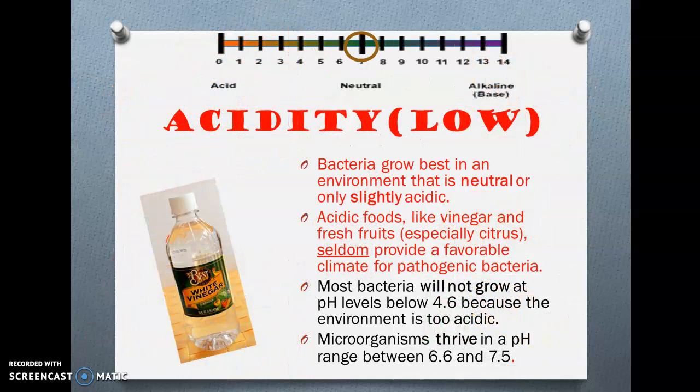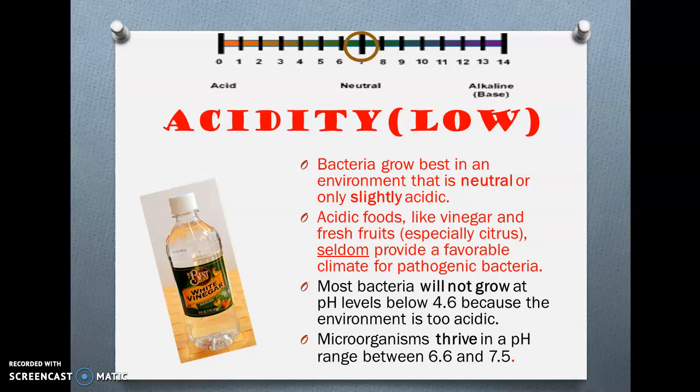Acidity, guys. The A in FATTOM stands for acidity. I put low in the parentheses because low acidity is where bacteria tends to grow its best. Bacteria grows best in an environment that is neutral or only slightly acidic, meaning that it's very, very low on the acid side.